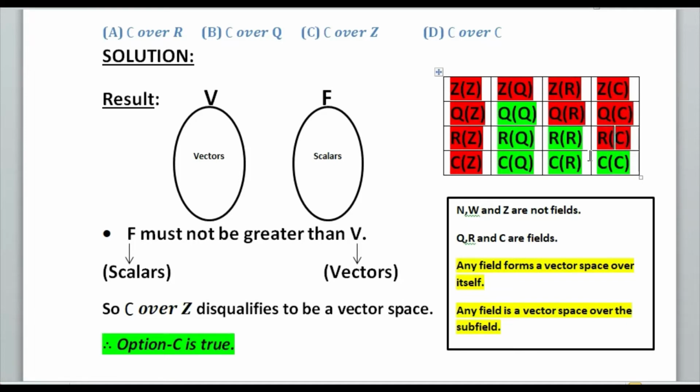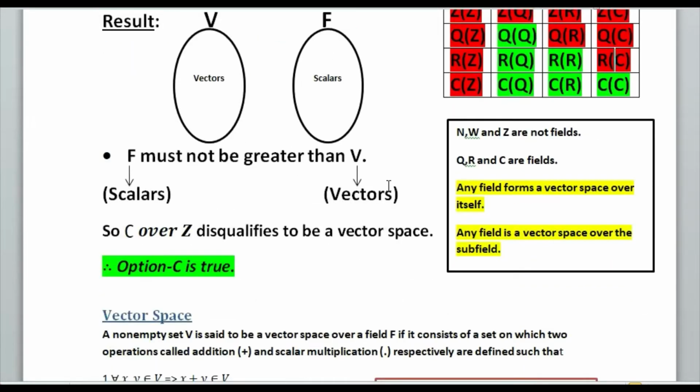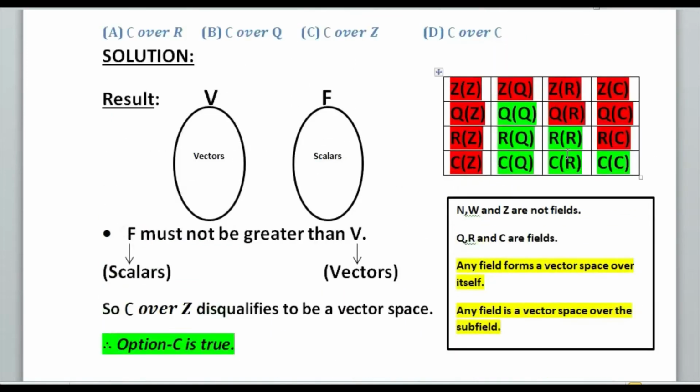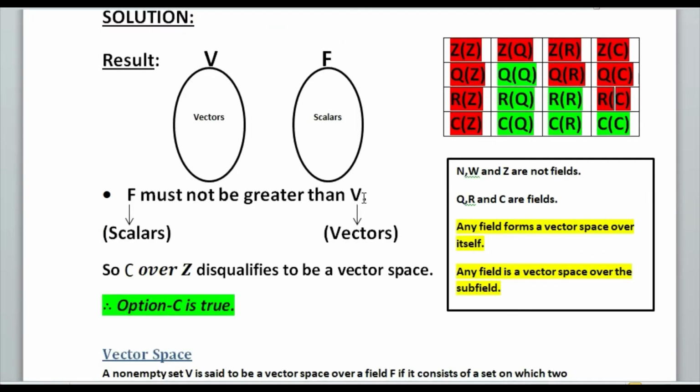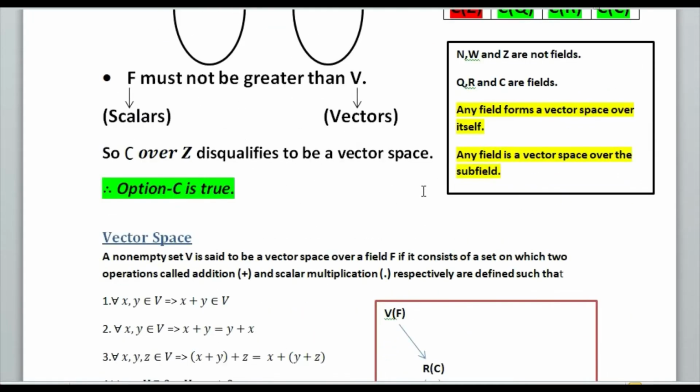Similarly, you can check all these. Look, the green highlighted ones are vector spaces, and the red highlighted ones are not vector spaces. Okay. You could learn to get the answers of this kind of questions by tricks.